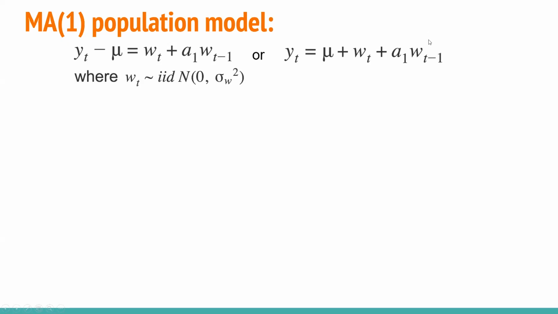Now, what this model is talking about is that if I want to determine, for instance, the price of a stock right now, we talked about the Google stock the other time, the price of a stock depends on the current shock.